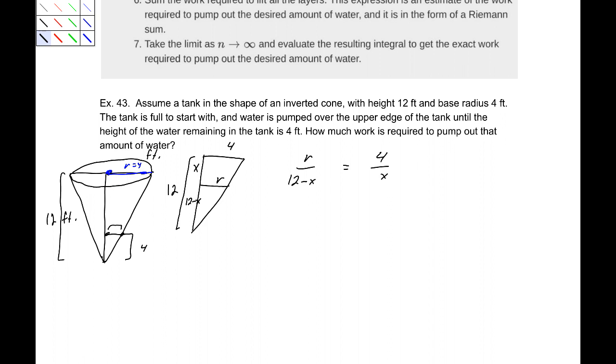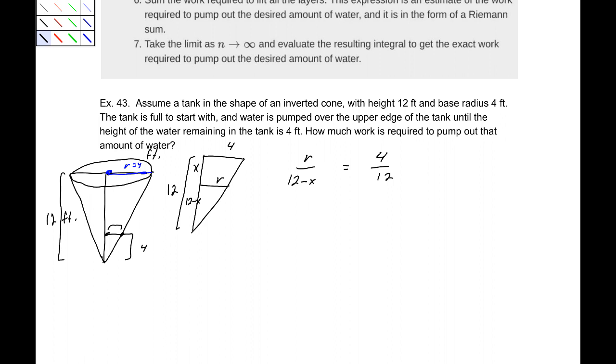Since we're starting at the bottom, we'll make that x. The depth we're concerned with is 12, the radius is 4, the height is 12. The radius is r, the depth is 12 minus x.